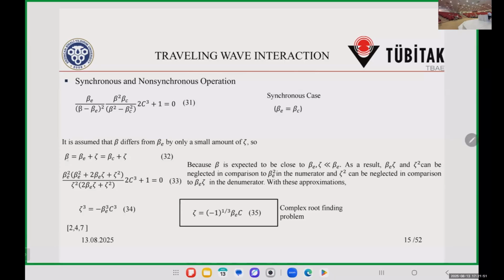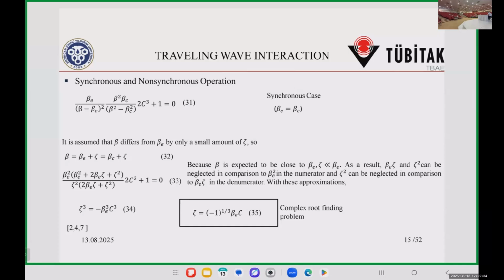If we substitute beta in equation 32 into equation 31, we can obtain equation 33. We have some assumptions here. Because beta is expected to be close to beta E, zeta is much smaller than beta E. As a result, we can neglect some terms.